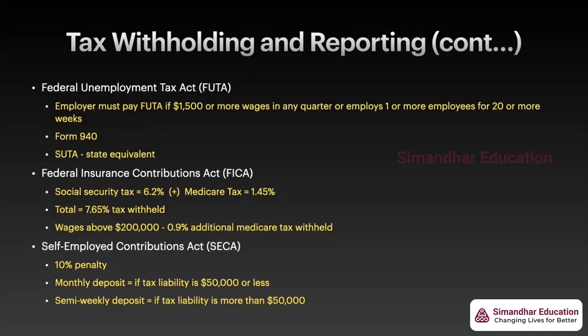So we were talking about FUTA and FICA in the previous slide. Now FUTA stands for Federal Unemployment Tax Act, and FICA stands for Federal Insurance Contributions Act. FUTA is basically a tax withheld to cover unemployment that is generated in the economy or in the country.